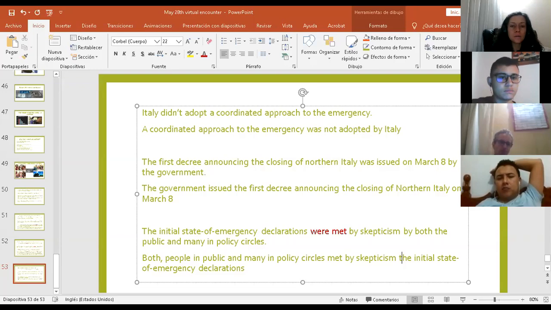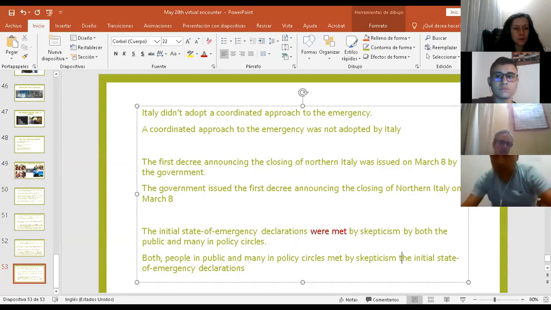But since you now understand the structure, you can move to something more difficult, that is reading authentic texts that you find on the internet about any topic that you like, sports, studies, anything.